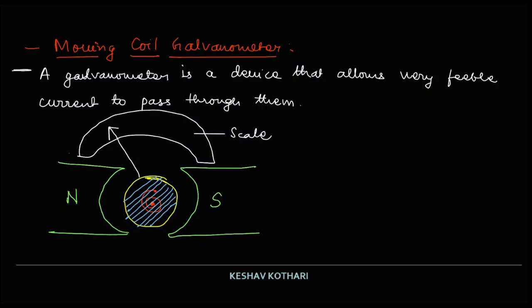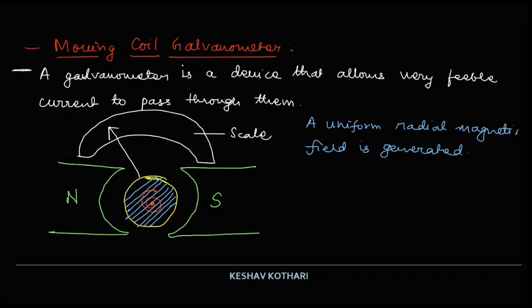Now what is exactly going to happen is, because of the north and south poles, a uniform radial magnetic field is generated. When I say a uniform radial magnetic field is generated, I mean that the torque, which is written as MB sin theta, has theta equal to 90 degrees, so the torque is equal to MB.